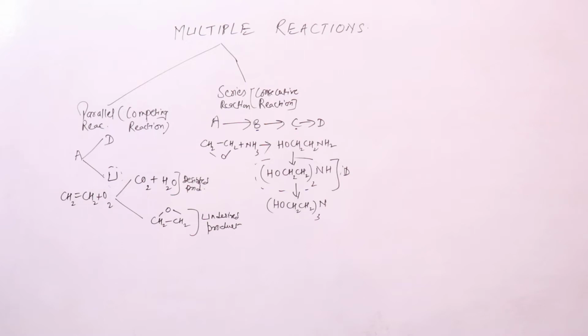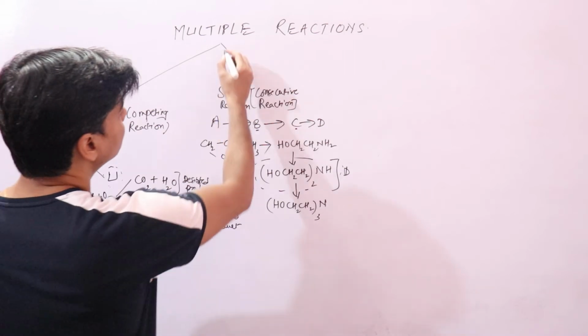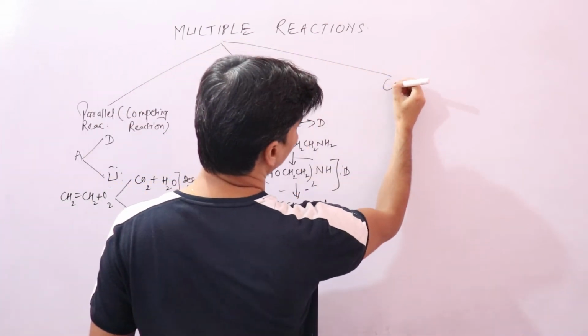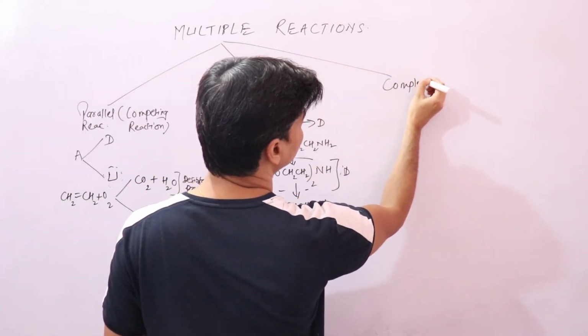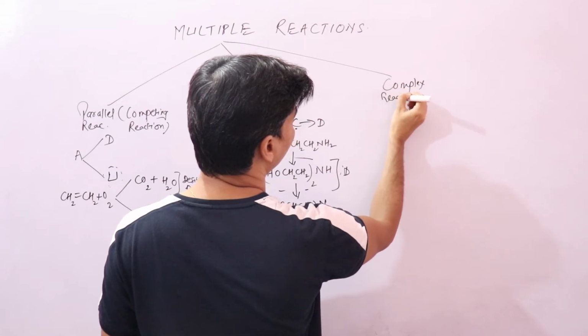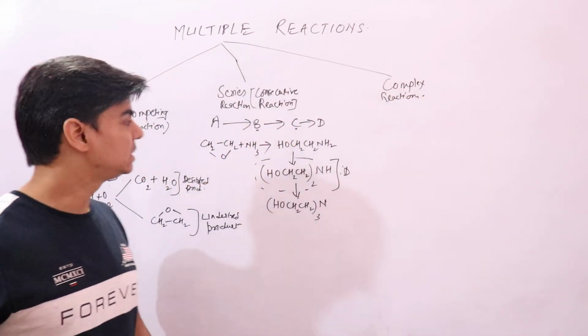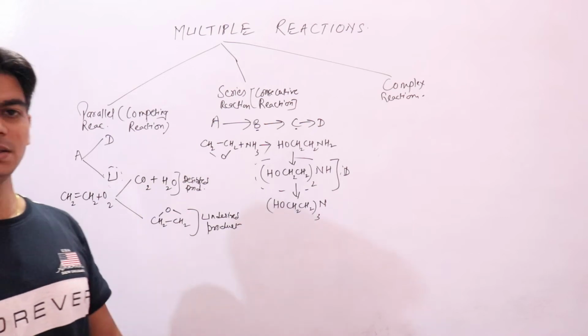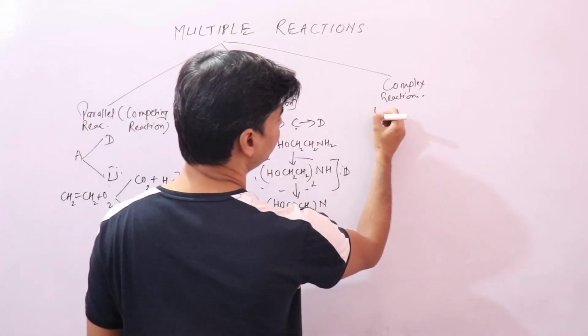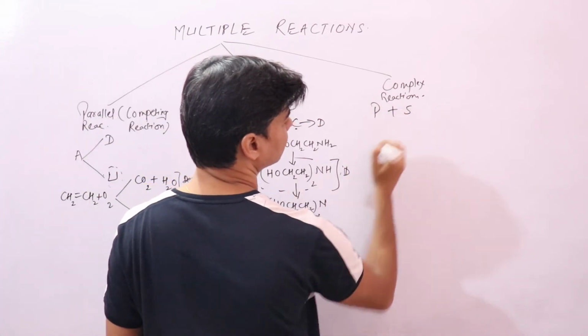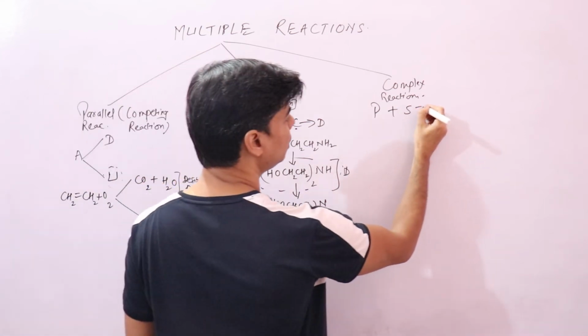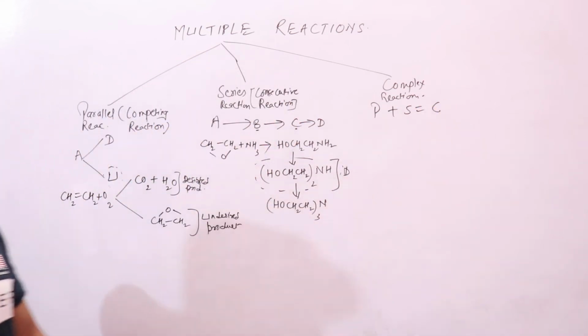Right, now you have complex reactions. The third type of reaction is your complex reaction. Complex reaction is basically the combination of parallel and series reactions, right? It gives you a complex reaction. Now suppose you have two reactants.